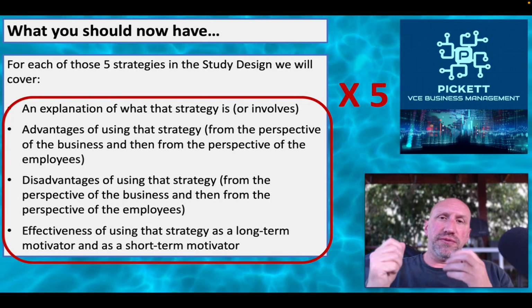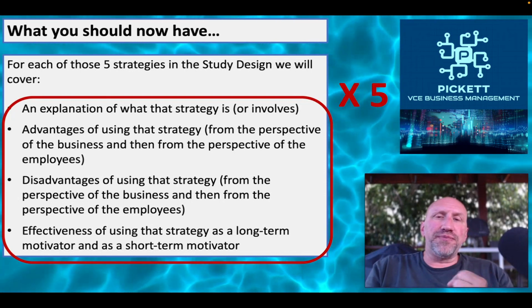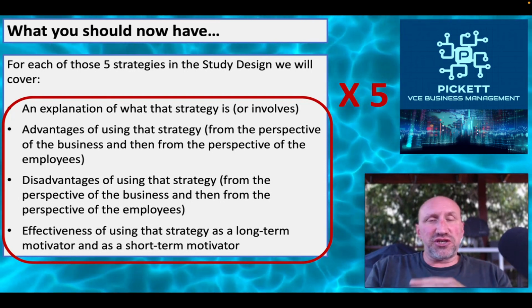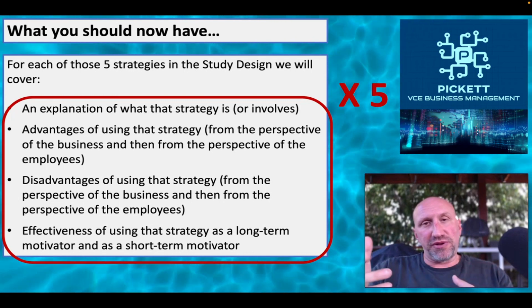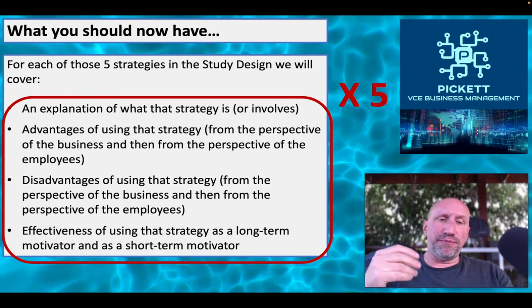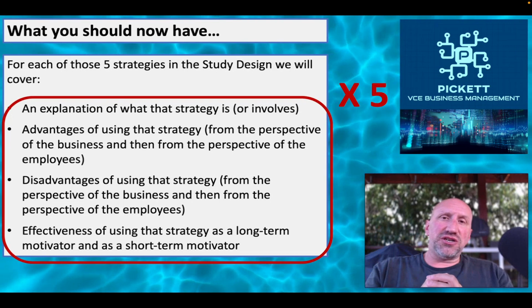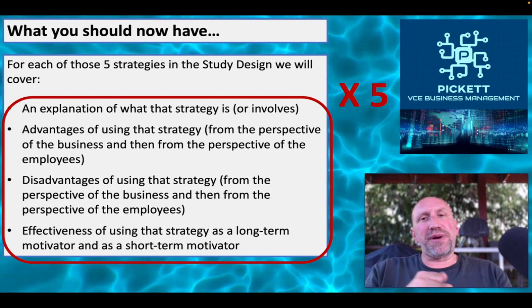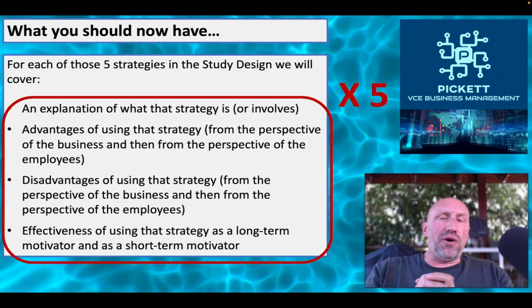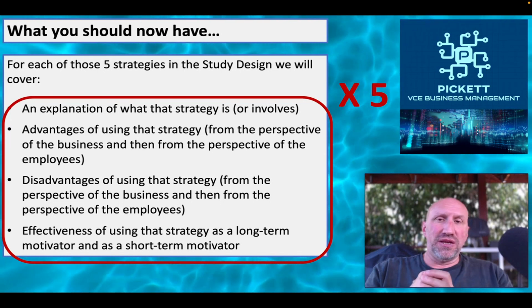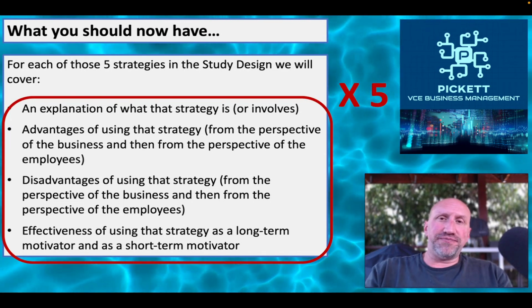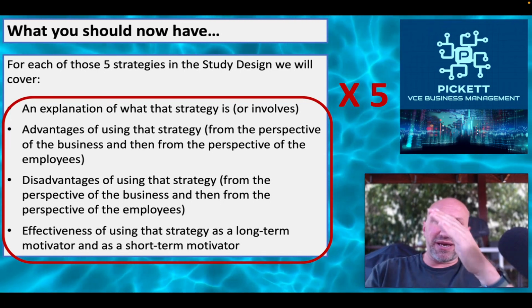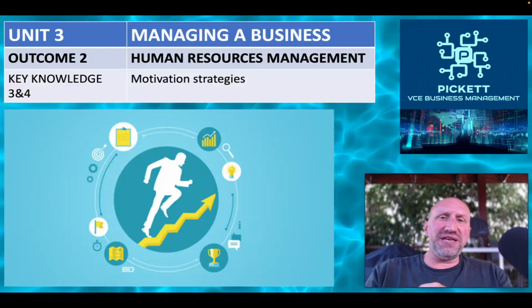You then need to give a little talk about the advantages and the disadvantages of each of those 5 strategies, from both perspectives, the business and the employees, and then that discussion around which ones are better to use in the long and the short term. So that's what you should now have. Make sure you've got all that nice and organized and neat.